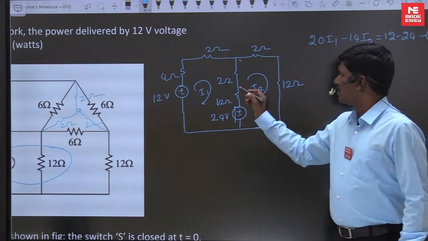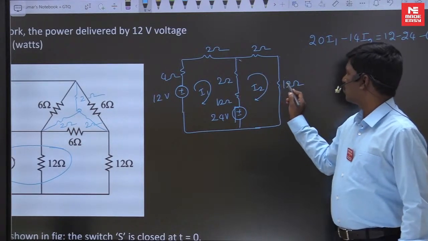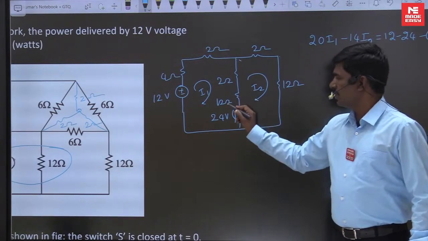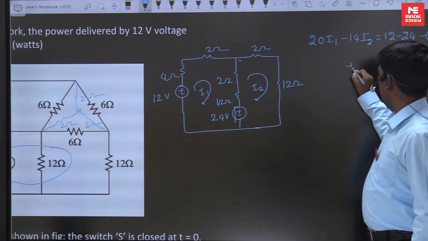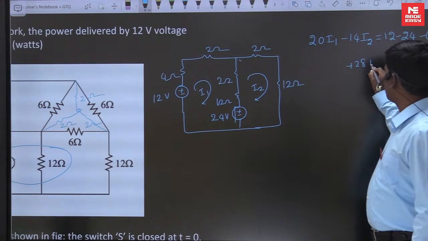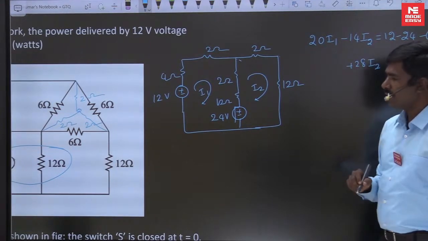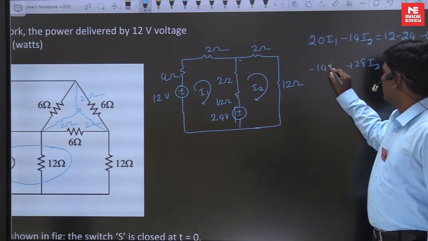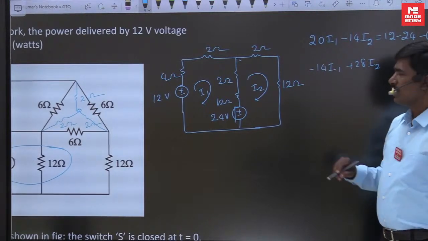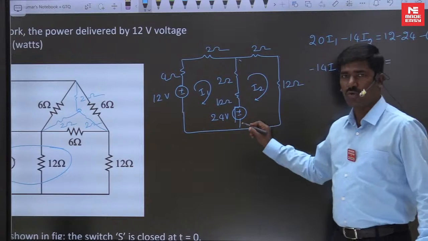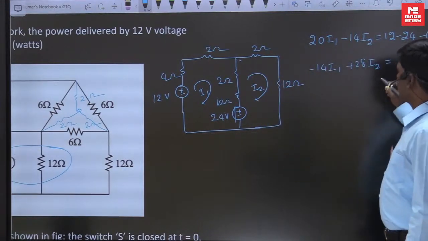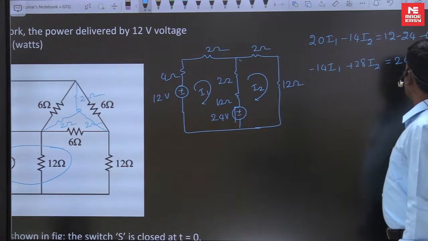Second one: sum of the resistances is 12 plus 2, 14 plus 2, 16 plus 12, 28, so 28 I2. Between 2 and 1 is the same, minus 14 I1 is equal to the sum of the voltage sources, 24, plus. Why? Because the current and voltage are in the same direction. So 24. Solve these two.